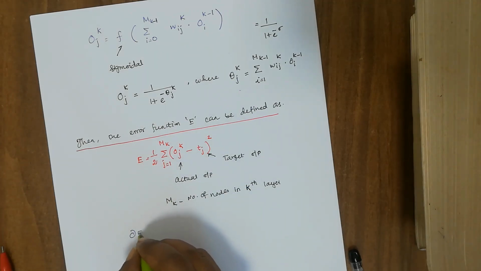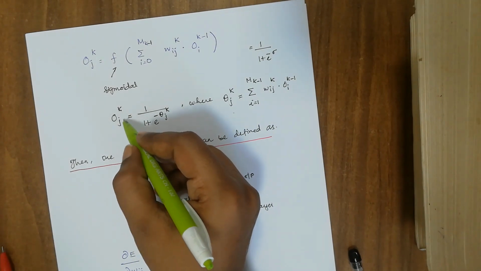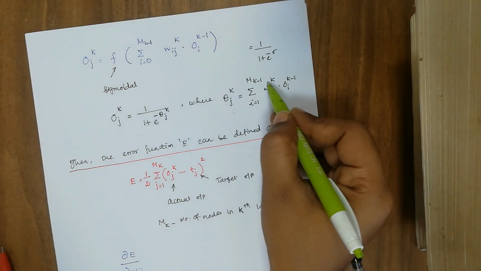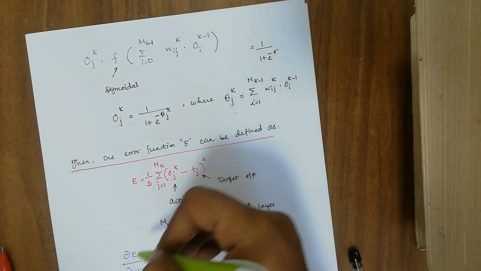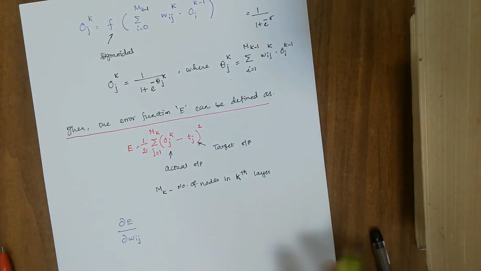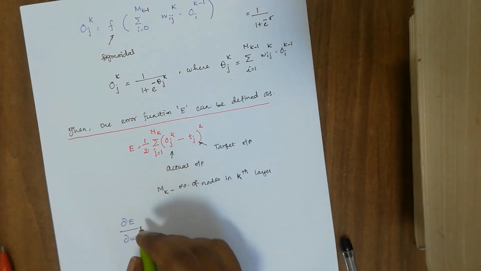Now what we have to do is dou E by dou wij. Why? Because the output that we have obtained, ojk, is nothing but a function of wij. So once we take this with respect to wij, then we can derive this weight updation rule.